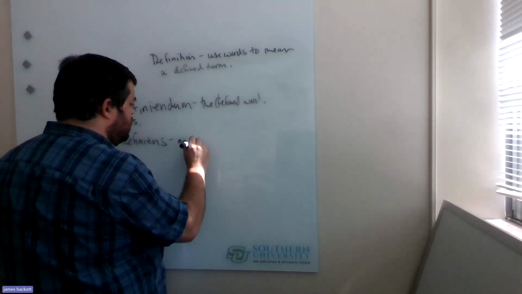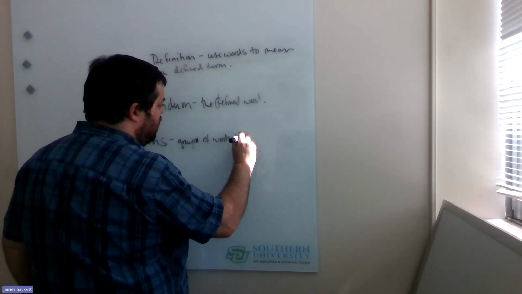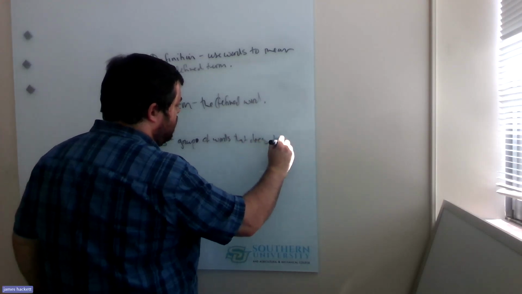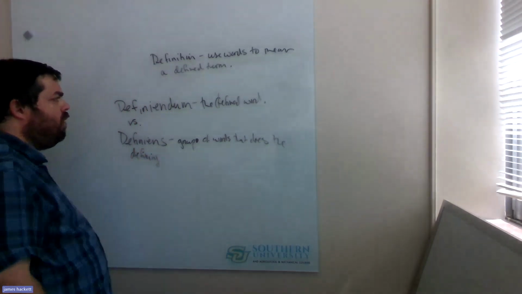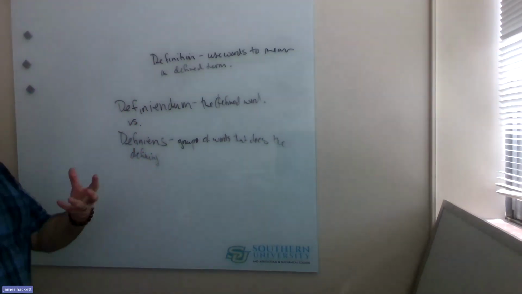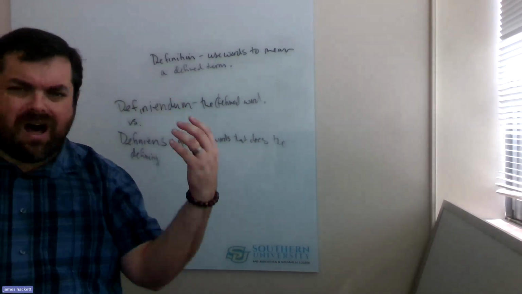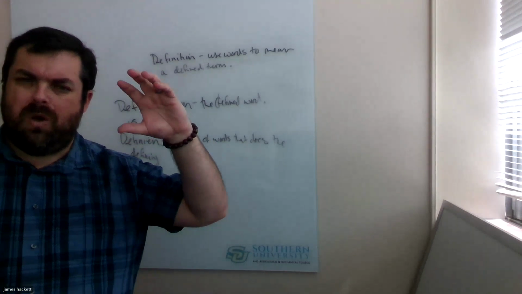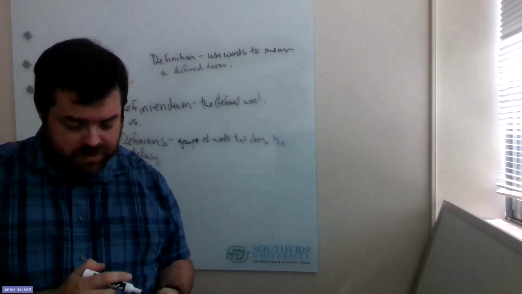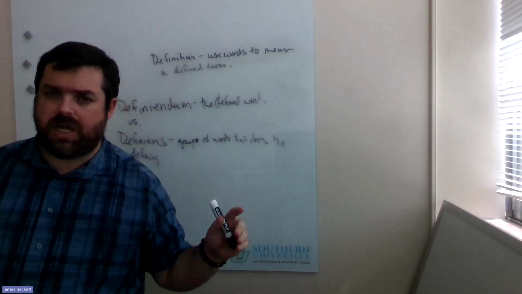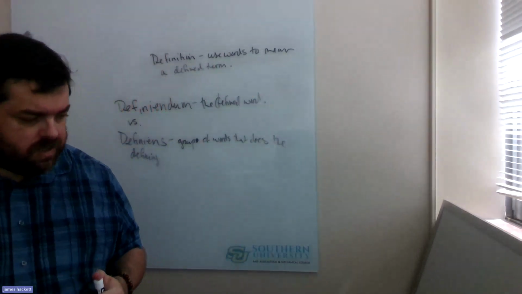The group of words that does the defining. Now, oftentimes, the reason why our logic book goes into these Latin-based terms is because a lot of technical academic culture might also use them. So you need to know them, especially if you're in an educated space where other people went to university.